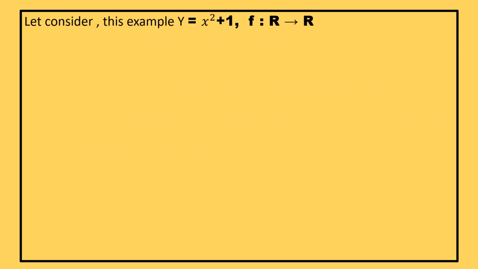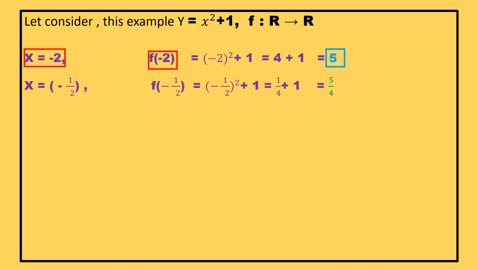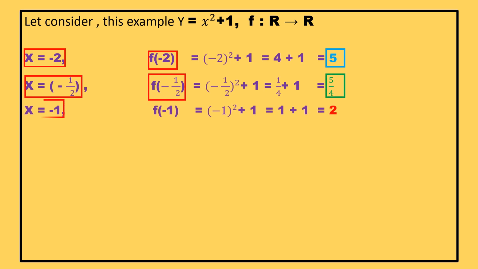Let's consider this example: y is equal to x square plus 1. Function f from R to R, that is, real numbers to real numbers. Now when x is equal to -2, f of -2 is 5. When x is equal to -1 by 2, f of -1 by 2 is 5 by 4. When x is equal to -1, f of -1 is 2.